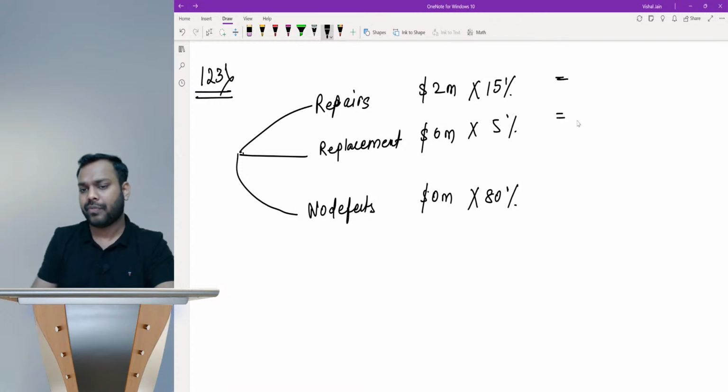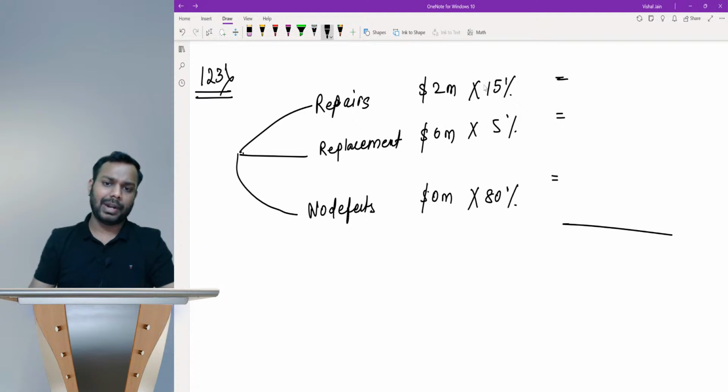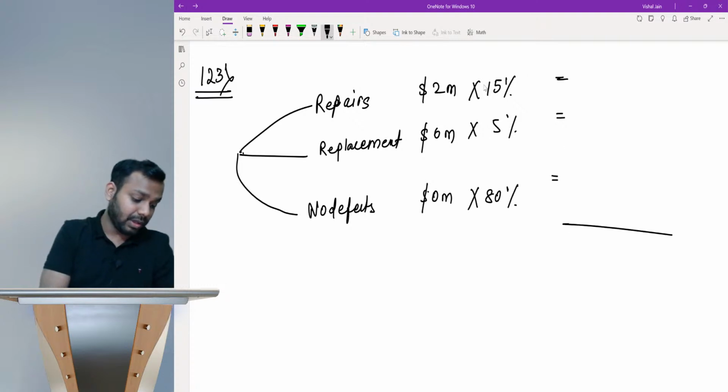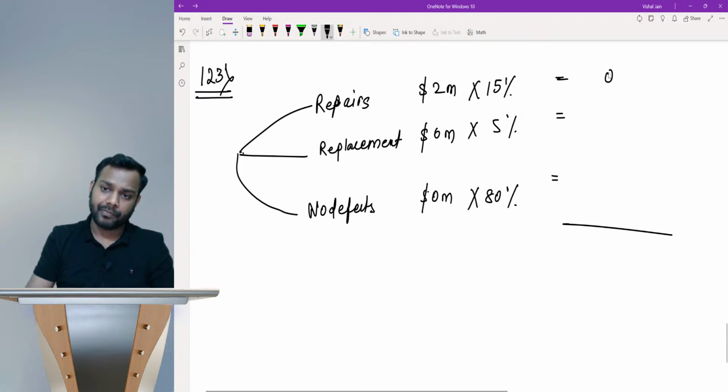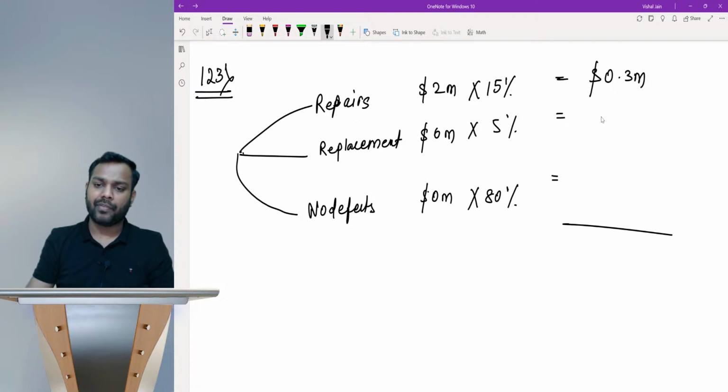So let's multiply and find it out. What is the amount of provision required? 2 multiplied by 15% is 0.3 million. Now 6 multiplied by 5% is again 0.3 million. This is nil, so it is $0.6 million.